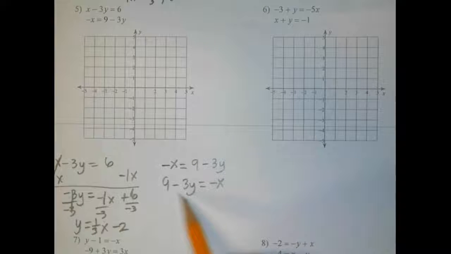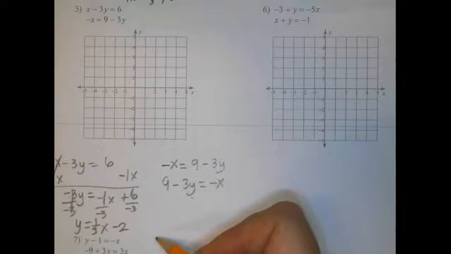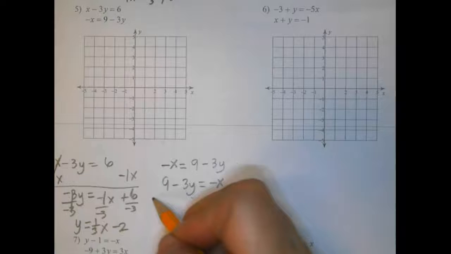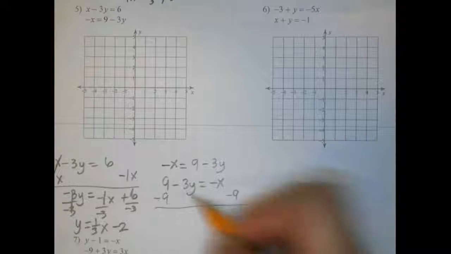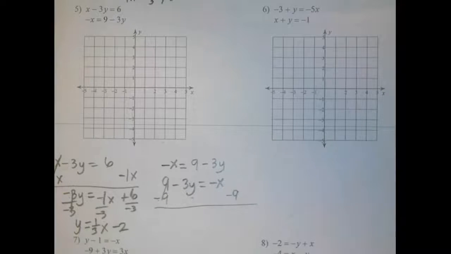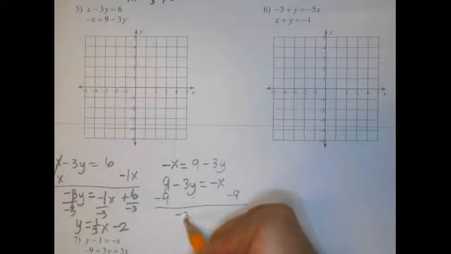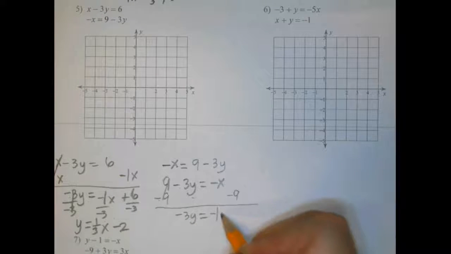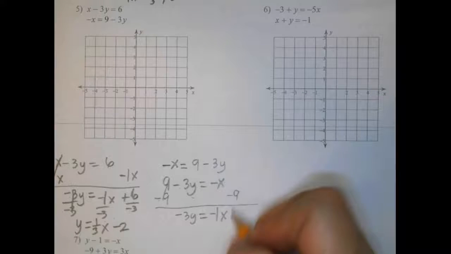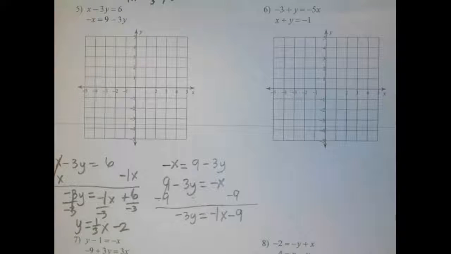Okay, so my y is where I want it to be, but it has this negative 3 in front of it, and I also have this 9. So I'm going to subtract 9, which is adding the opposite, to both sides. This becomes 0. I'm going to bring down my negative 3y. And this time I'm going to bring down my negative 1x and my negative 9.